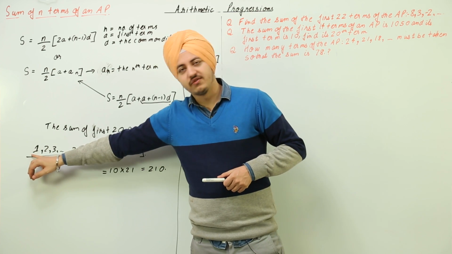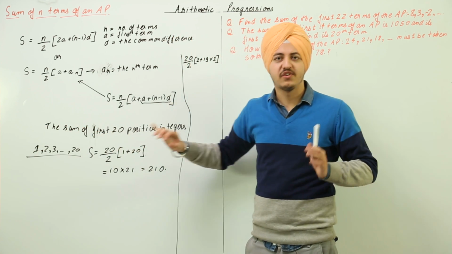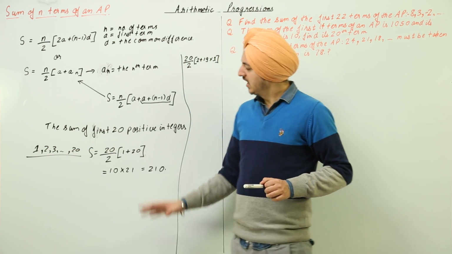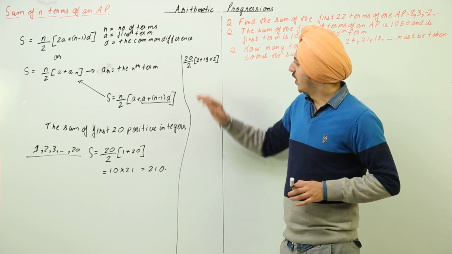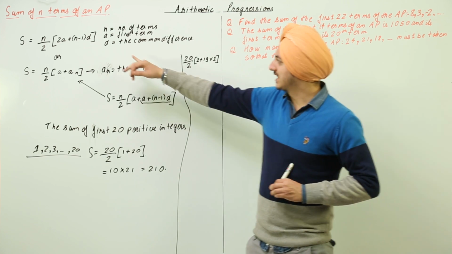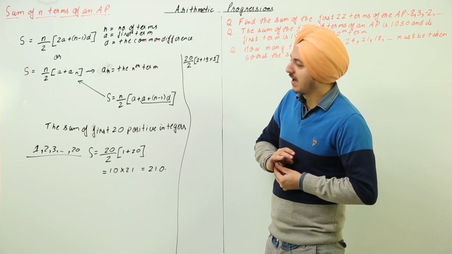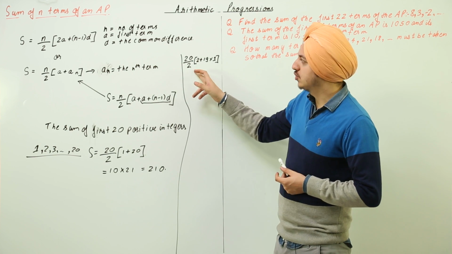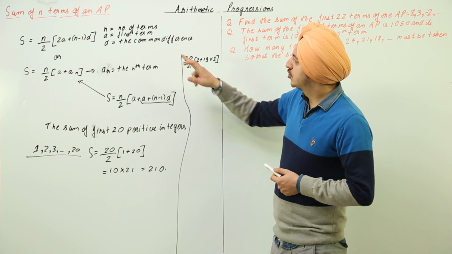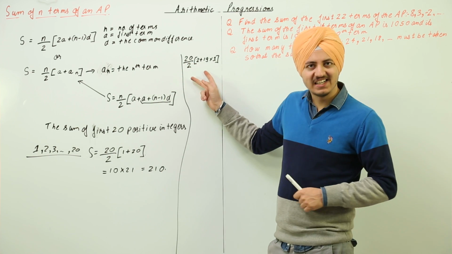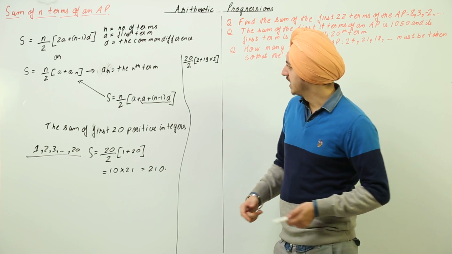So the first number is 1, the first term is 1, the common difference is also 1, the last term is 20, which we've used in this, but now we're not using the last term but the basic formula, that is n by 2 into 2a plus n minus 1 into d. So n by 2 is 20 by 2 plus 2a, that is 2 into 1, plus n minus 1, that is 19 into 1, that is equal to d, correct?